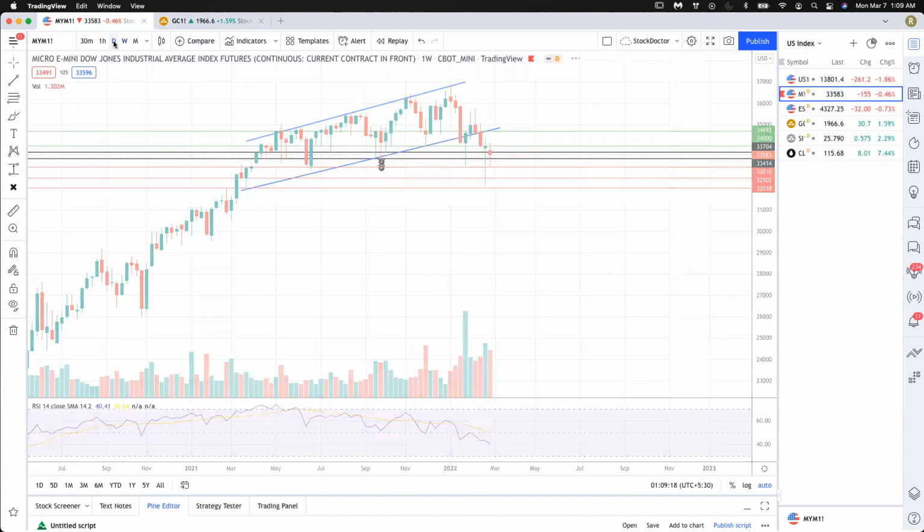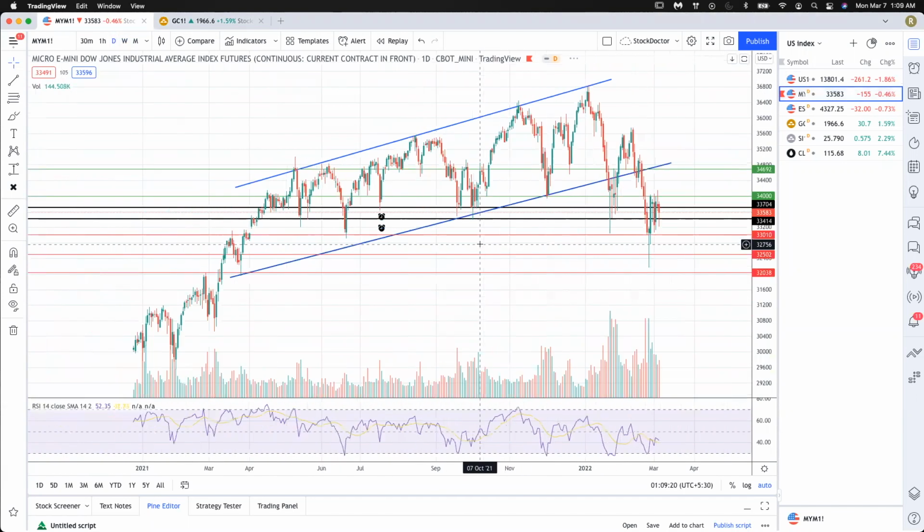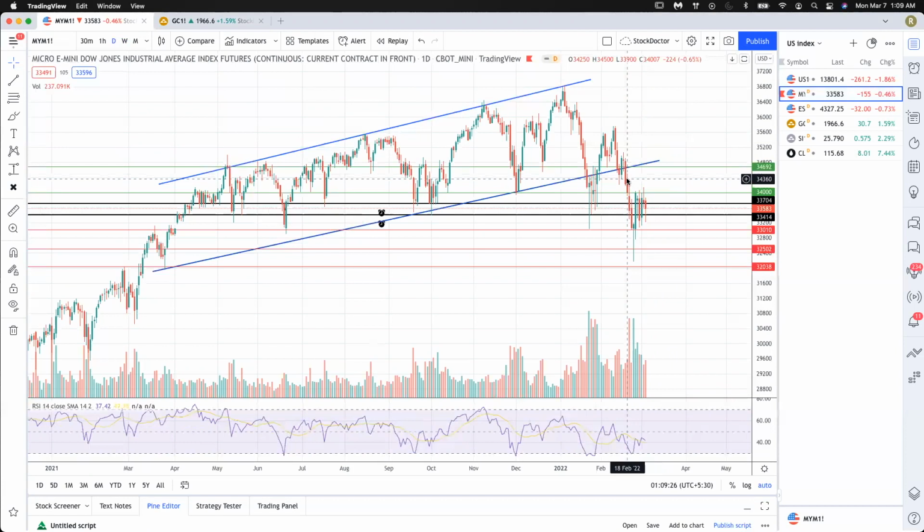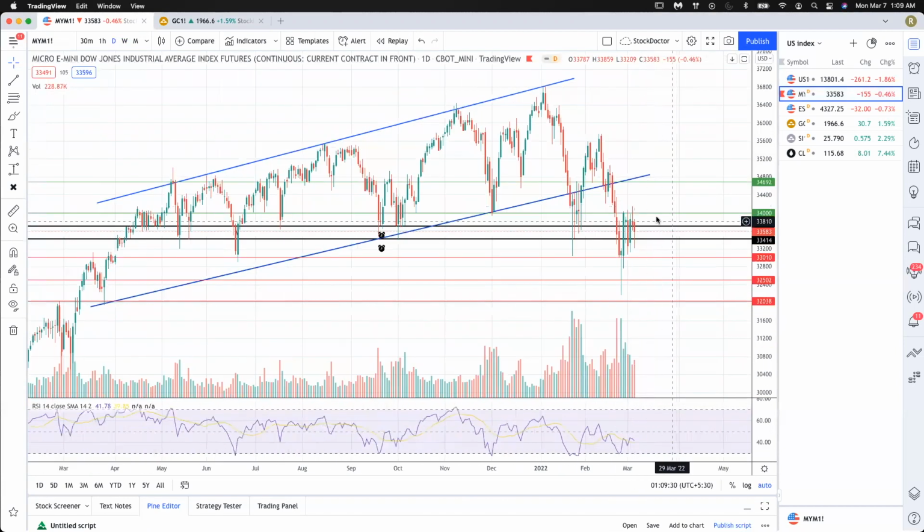And if you see the day chart, as I mentioned in last week's video, it was trading in this channel nicely. The channel got broken here, and now it is trading in the important support zone of 33,700 and 33,400.